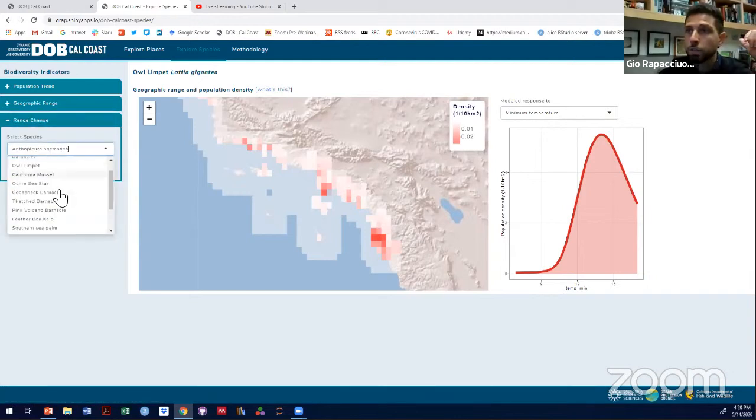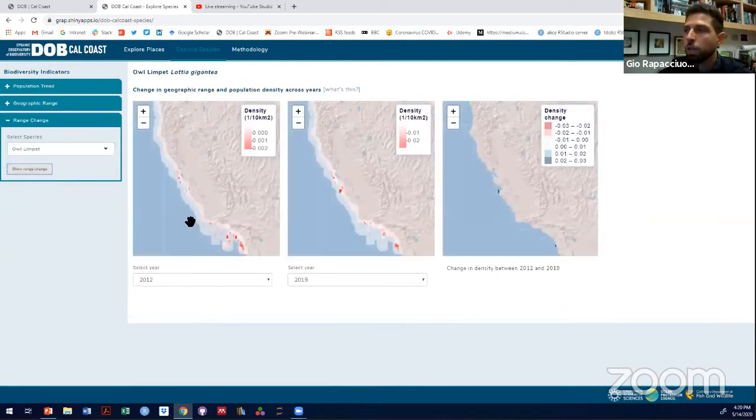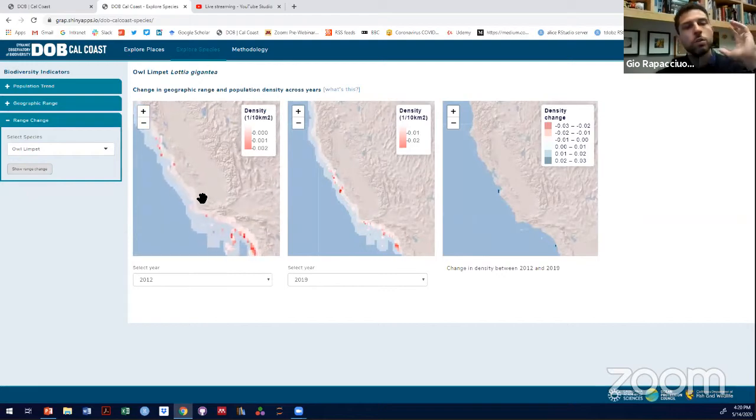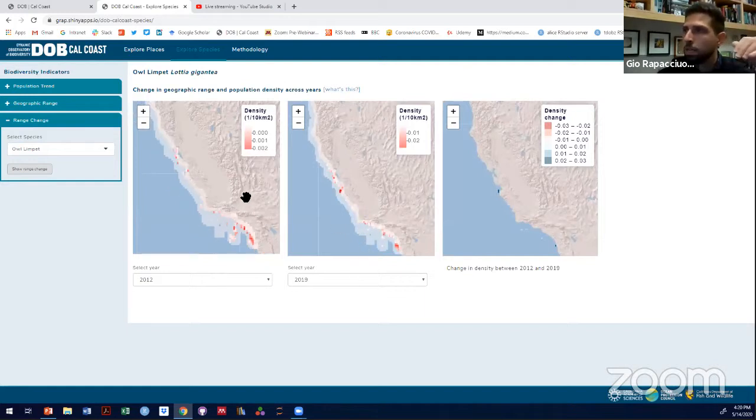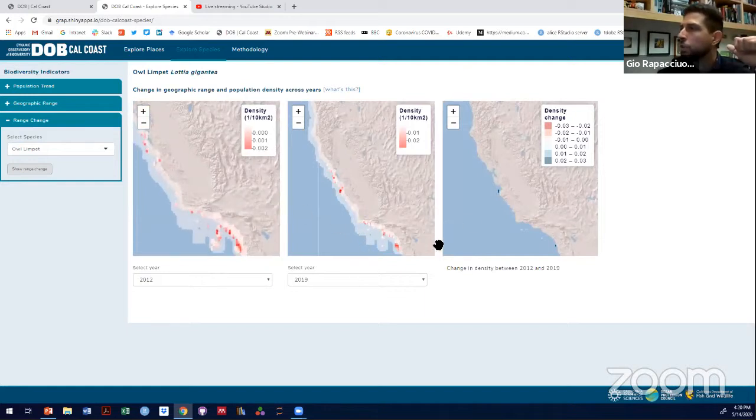The range change list of species is the same, but range change is actually the output of a slightly different model that includes a year component here. So the distribution is broken down by year, and it allows you to have a look at the change between different years in the estimated density of that species.